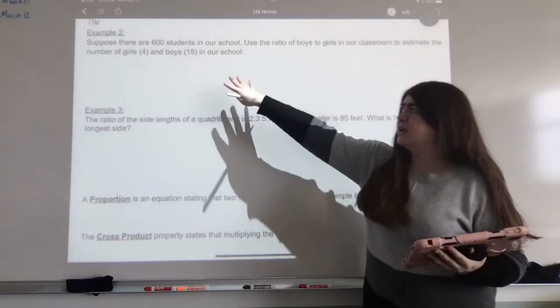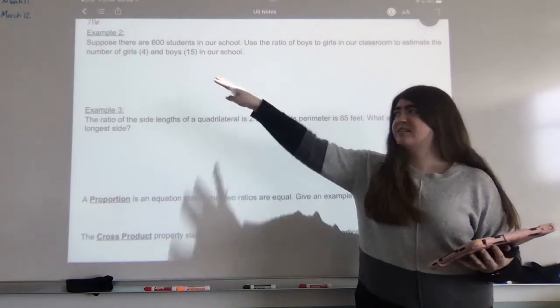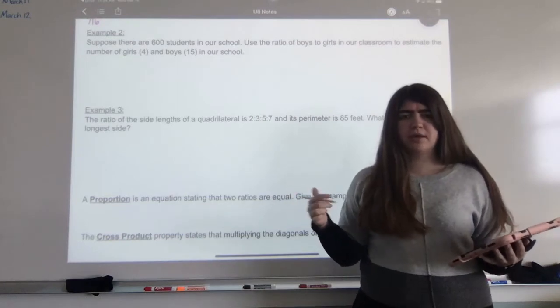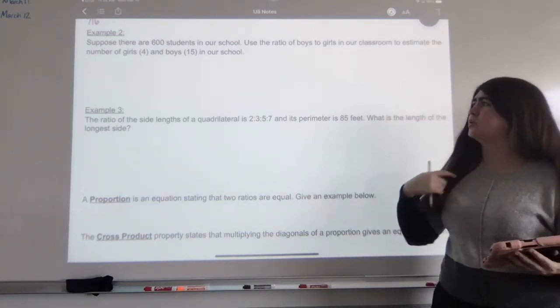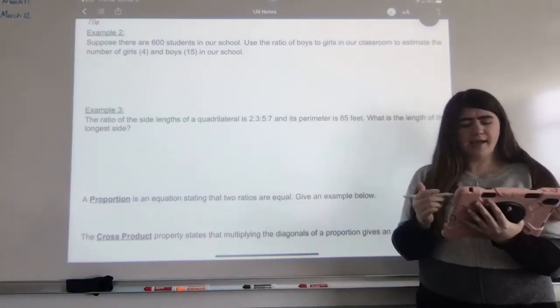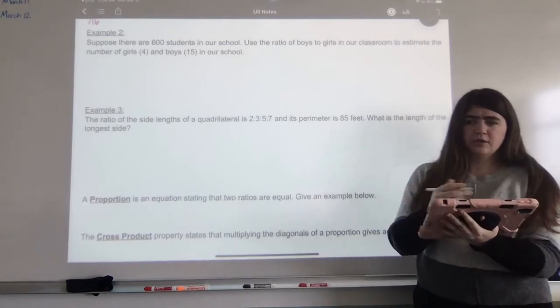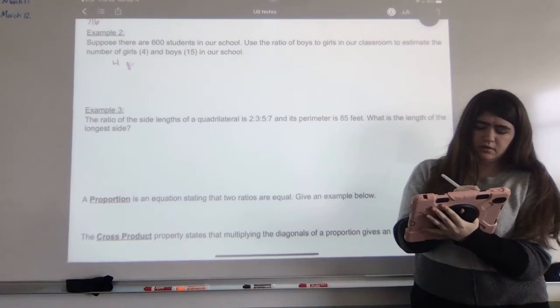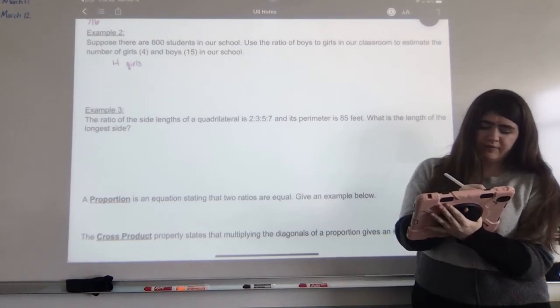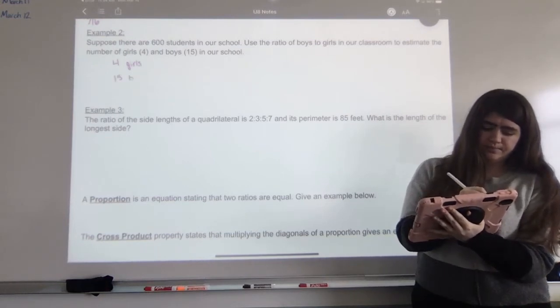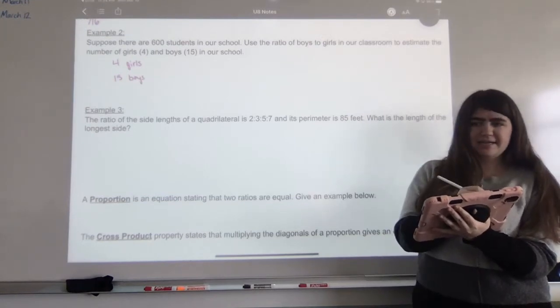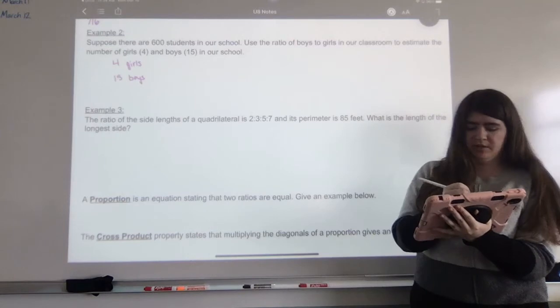And this data is actually from one of my current classes, and there are about 600 students in our school, so this will be fairly similar to what we have at WAMA. So I have 4 girls, I have 15 boys, which means that I have a total of 19 students in this specific class.